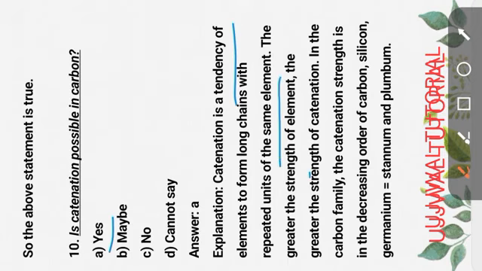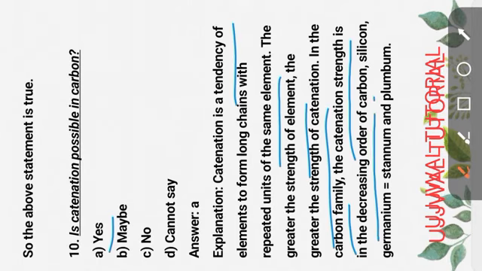The greater the bond strength of the element, the greater the strength of catenation. In the carbon family, the catenation strength is in the decreasing order of carbon, silicon, germanium, then tin and lead, which are about equal.